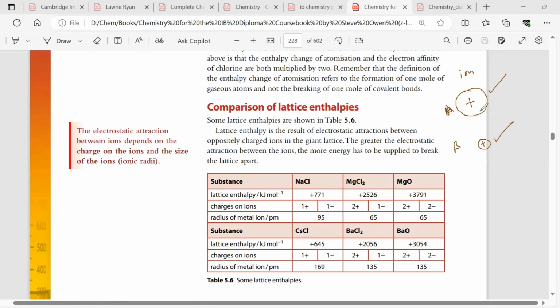We have the same unit positive charge spread across a larger radius, and a unit positive charge spread across a smaller radius. Where will the concentration of the positive charge be more, in A or B?